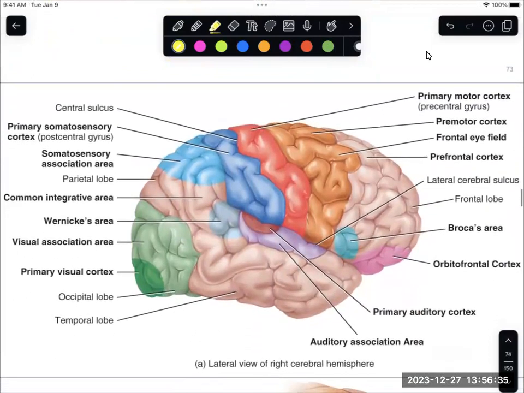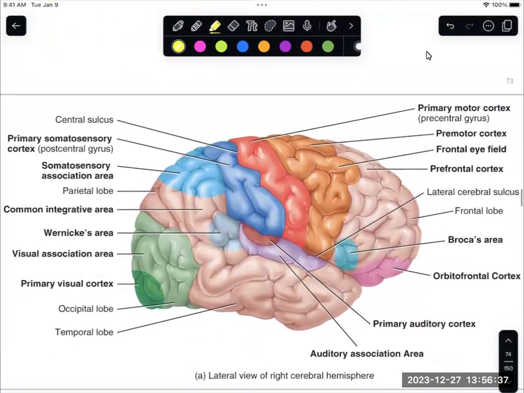So here's a nice highlighted brain that shows all of these different areas. So we have that primary somatosensory cortex, that central sulcus, that primary visual area, primary auditory area. I was looking for that.